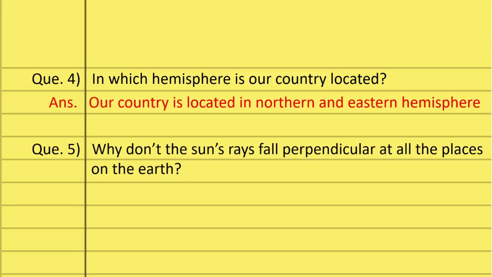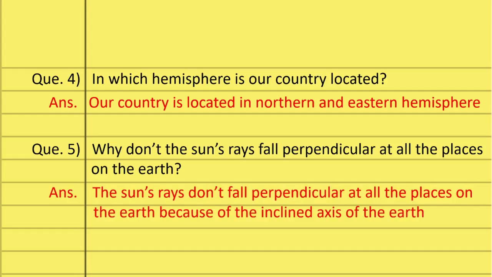Why don't the sun's rays fall perpendicular at all the places on the earth? The sun rays don't fall perpendicular at all the places on the earth because of the inclined axis of the earth, that is, the Earth's axis is tilted, and the second reason is due to the curvature of the Earth. The curvature means circular shape of the Earth.